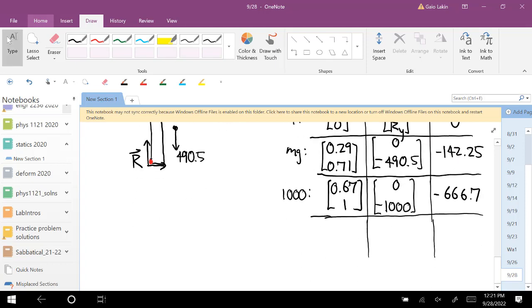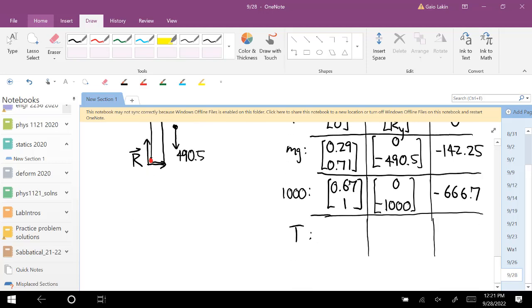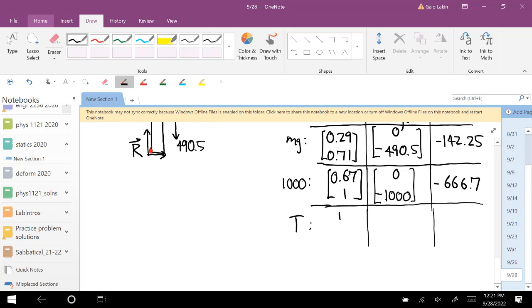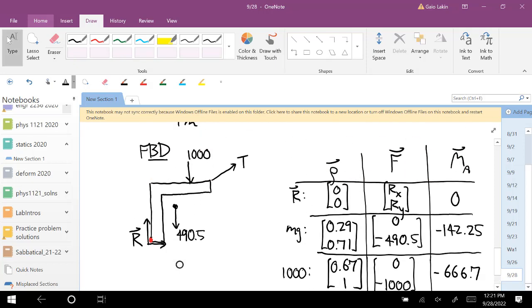And then the last one is the cable force. The row vector is 1, 1. That makes a 30-degree angle with the horizontal.